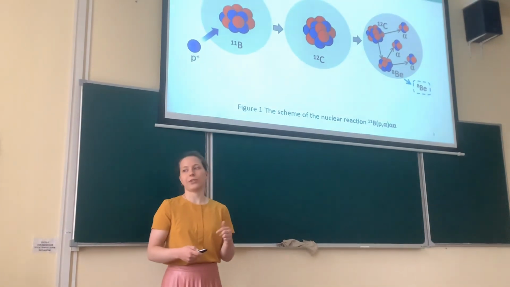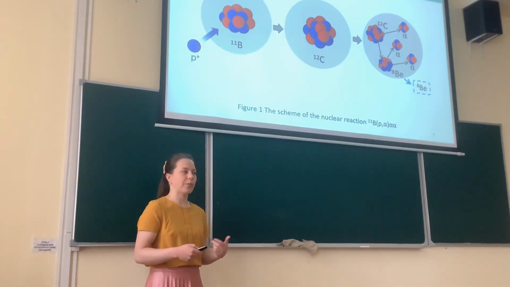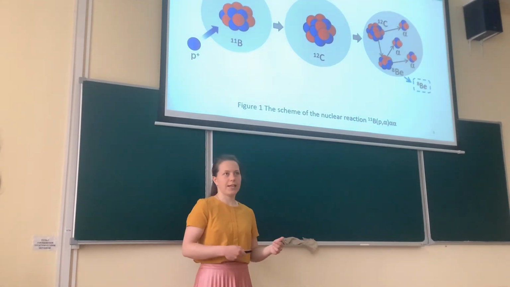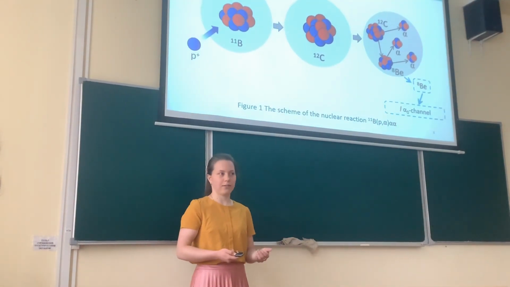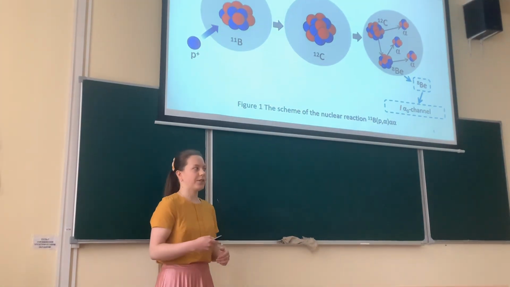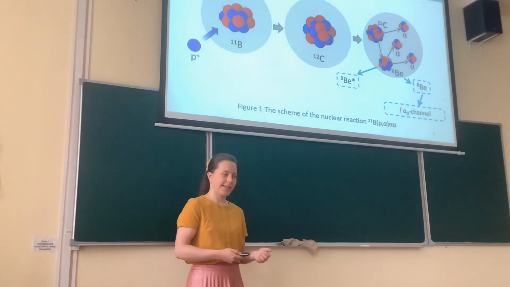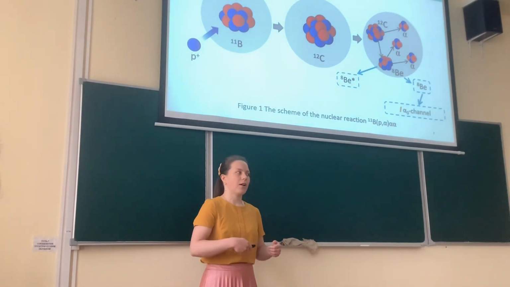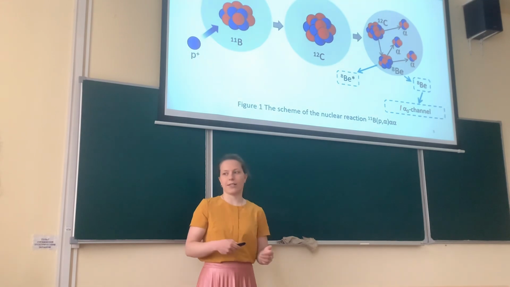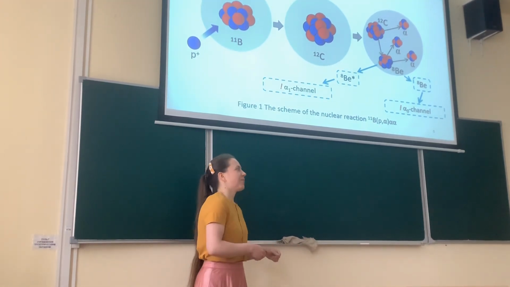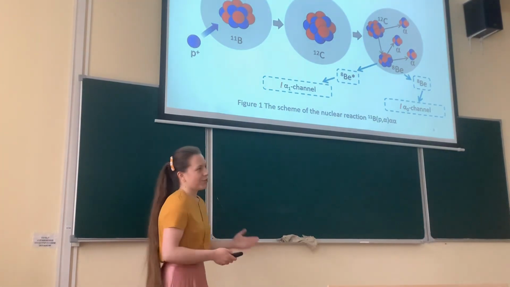If beryllium-8 produces 2 alpha particles from a ground state, then the reaction happens in the alpha-0 channel of the reaction. And if the beryllium creates 2 alpha particles from an excited state, then the reaction happens in the alpha-1 channel of the reaction. And please pay attention to it, that is important.